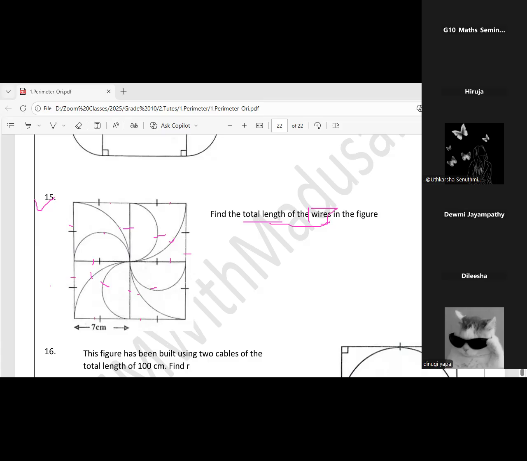Okay, I am receiving answers. Let's see what would be the answer. I am receiving different answers. Okay, that's good, but I do not know which is the correct one. Let's check.